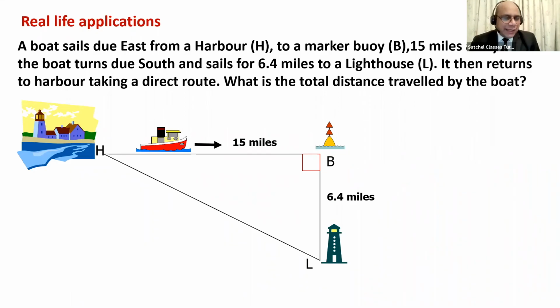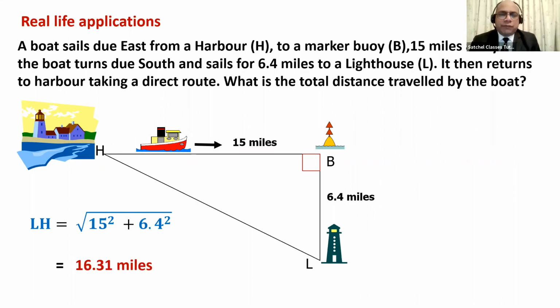For finding the missing value of the hypotenuse, we'll use the formula using plus. So LH, which is the distance from the lighthouse to the harbor, would be equal to the square root of 15 squared plus 6.4 squared, which is 16.31 miles. But the question is not to find LH.